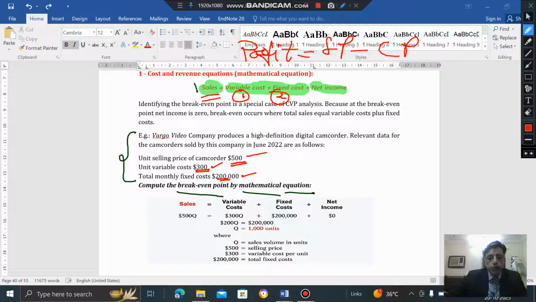So just put it in the equation like this: 500Q is equal to 300Q plus 200,000, and net income is not given, so you will put it as 0, because you are going to compute the unit-wise. So 500 minus 300 is $200. 200Q is equal to 200,000, so Q is equal to 1000 units. So this is the traditional, bookish method which is given in the textbook.